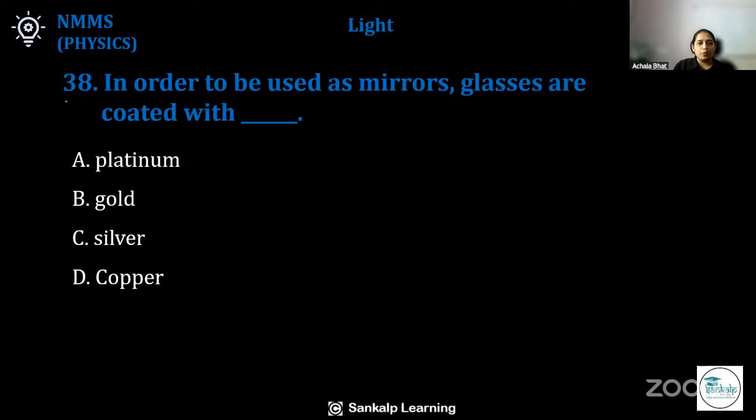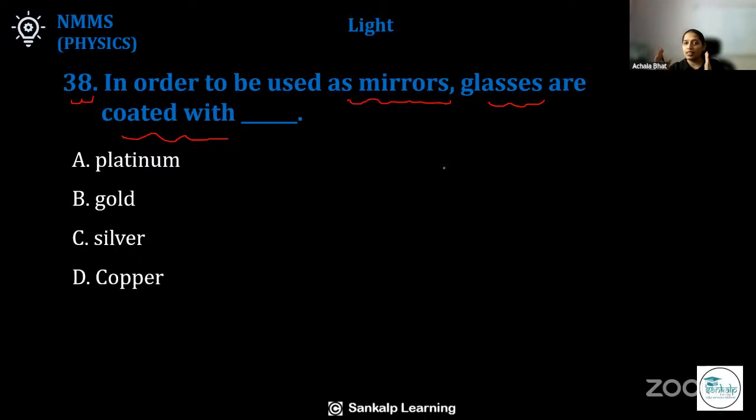Let us see question number 38 of NMMS Physics chapter Light. In order to be used as mirror, glasses are coated with dash. We know that glass is transparent, which means we can see through glasses.